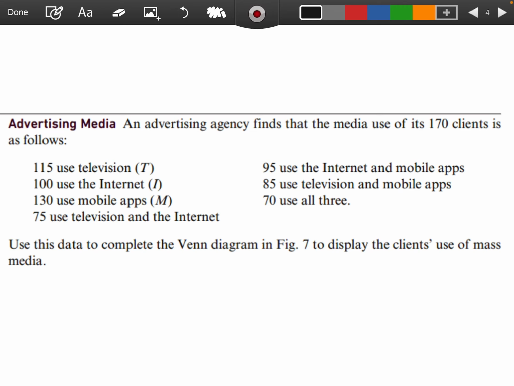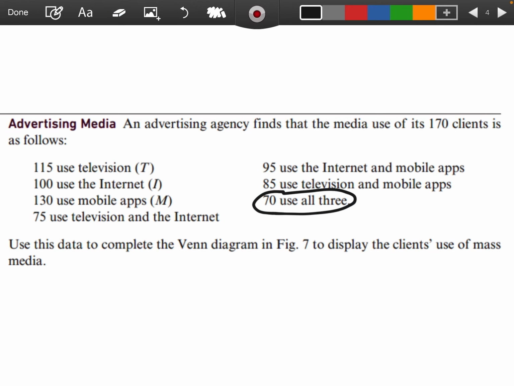So here we have this advertising agency, and they've looked at the kind of media that is used by the 170 clients that it has. So we've got how many people use TV, how many people use internet, how many people use mobile apps, etc., and who's in the intersections of each set.